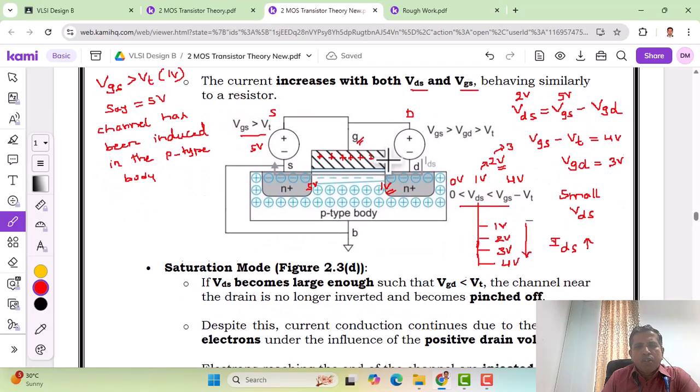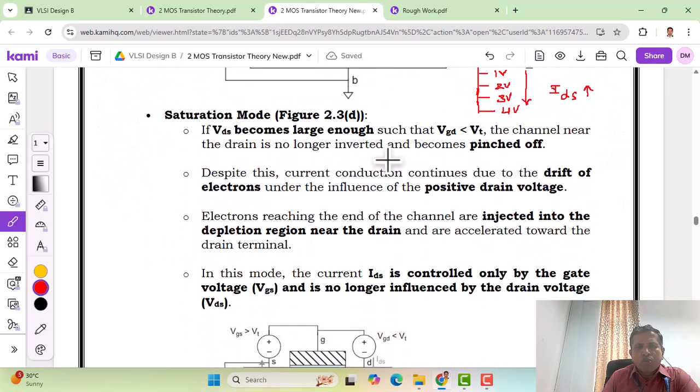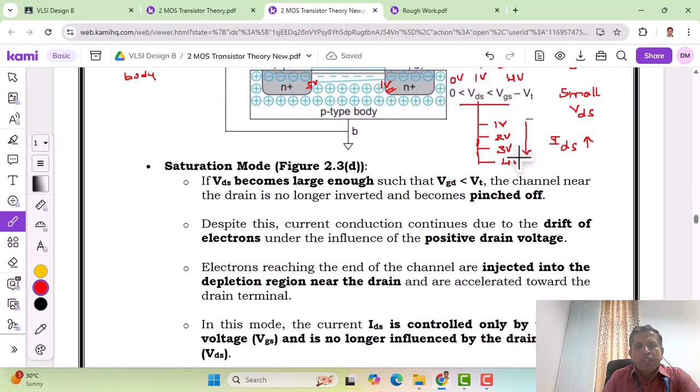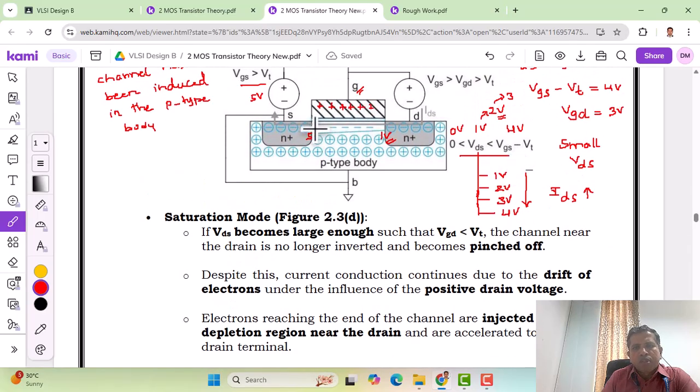Now let's move to the next one, which is the saturation mode. What happens when the voltage VDS goes beyond VGS minus VT? Then the charge movement from source to drain gets saturated, and the current flow from drain to source becomes almost constant. Let us see that in the saturation mode.